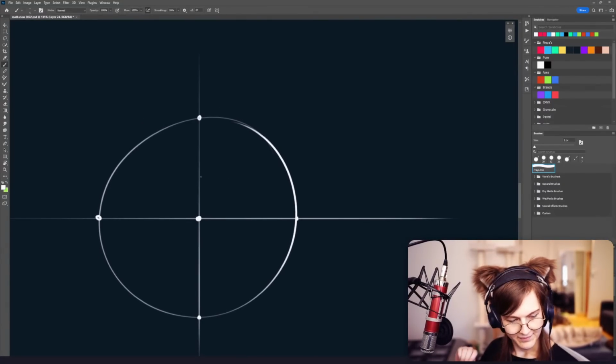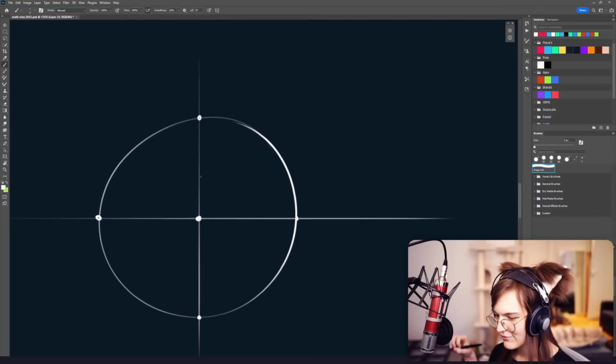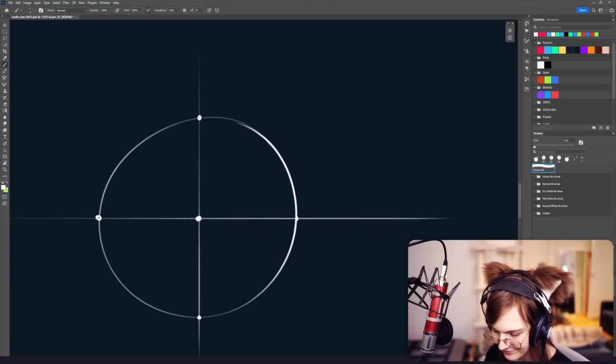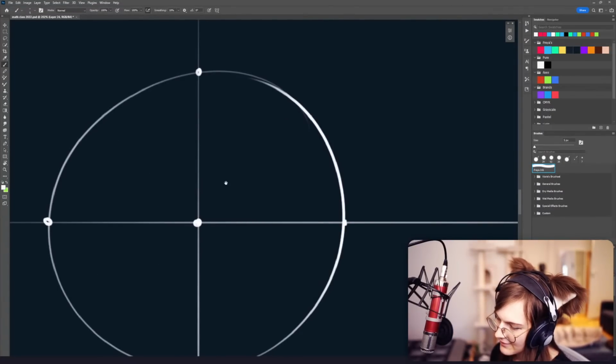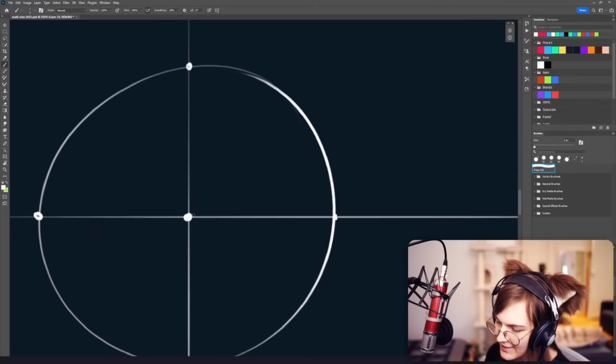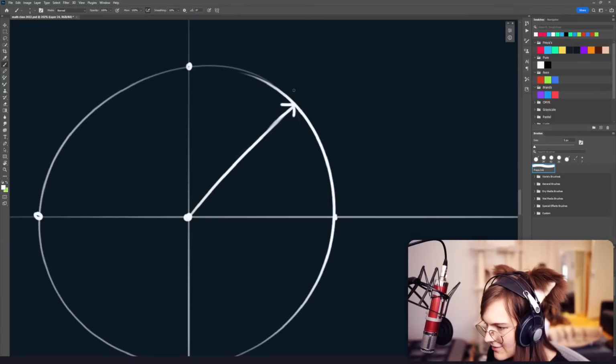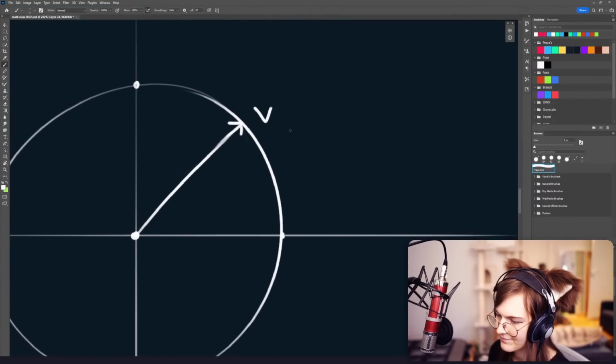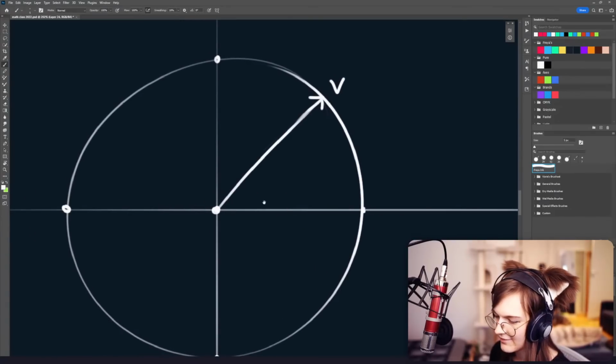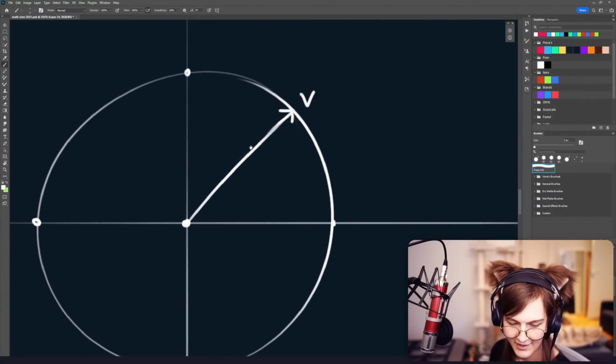So, the cosine and the sine function. Let's say you have a vector. We're just going to draw a vector on the unit circle, and we're going to call that V. How do you draw a V? I'm not sure. Like that, I think. Cool.